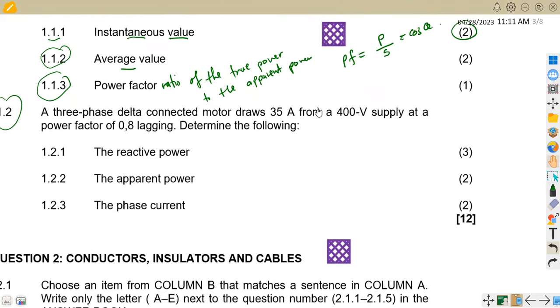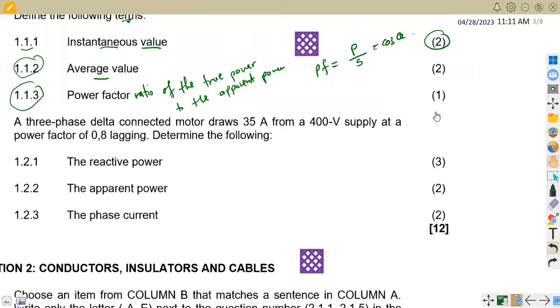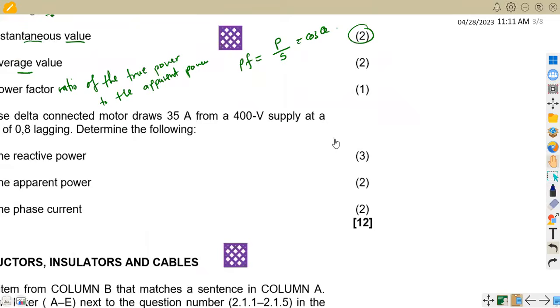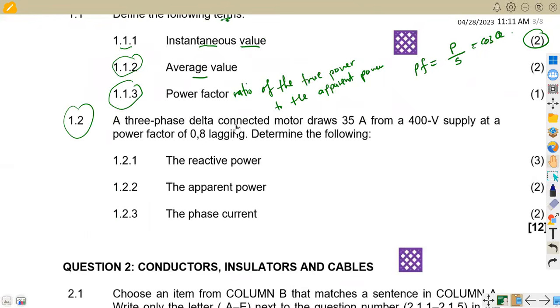So I'm just going to take the information. It's a motor and it's 3-phase, connected in delta.